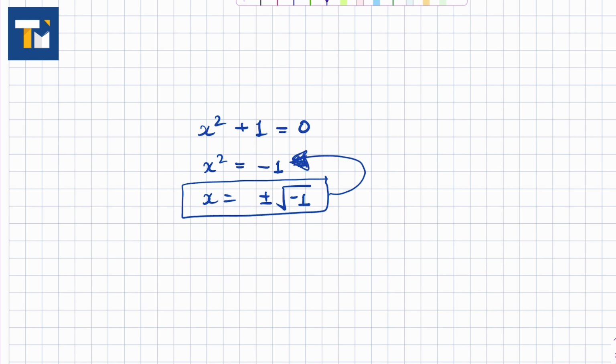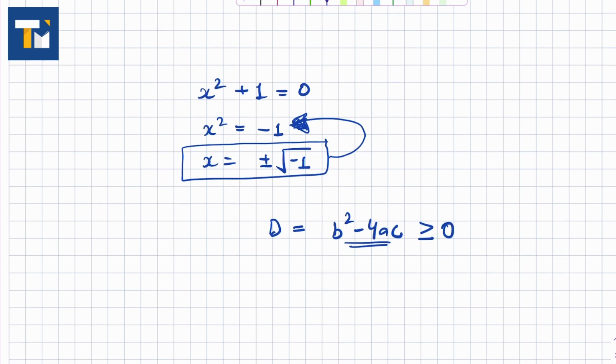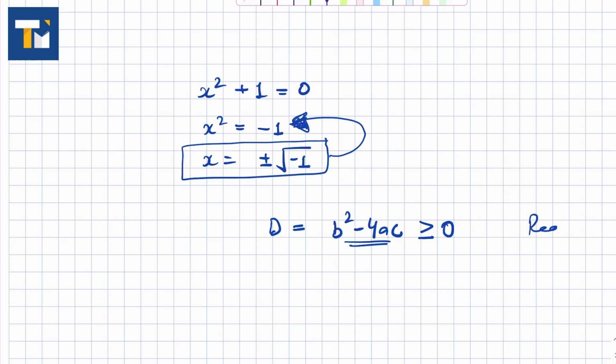While solving quadratic equations, you must remember the formula b squared minus 4ac, and we knew that b squared minus 4ac is always greater than or equal to 0 for us to have real roots or a real solution.